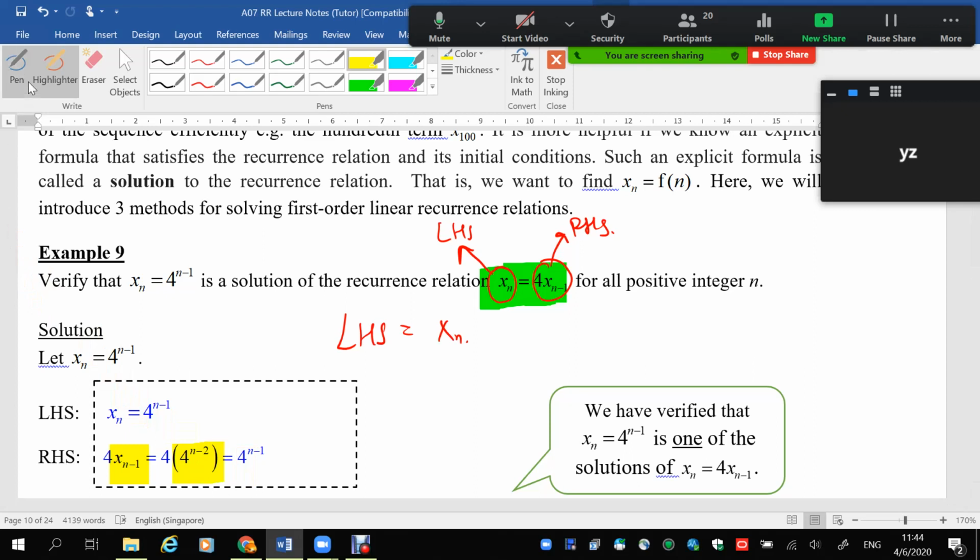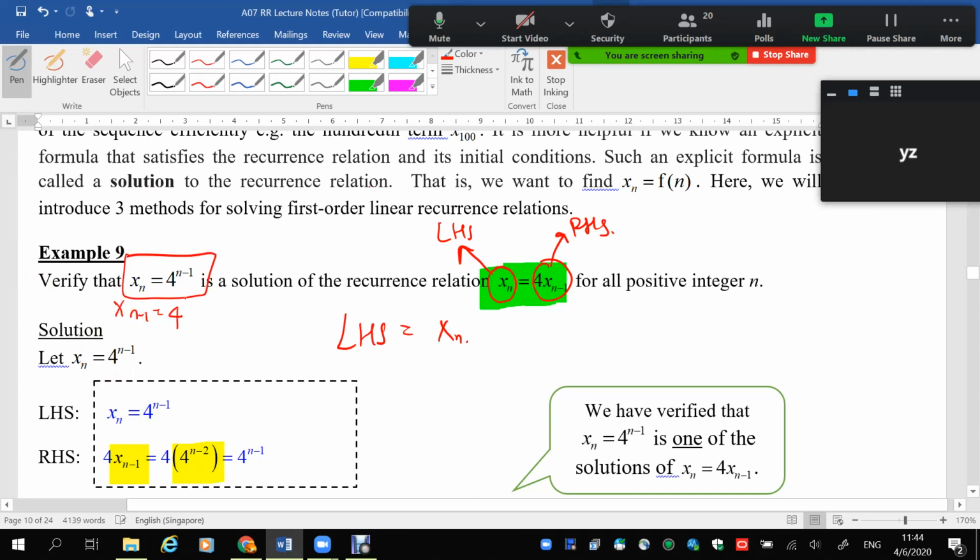Can you understand how I do this? If this is xn, then xn minus 1 is basically 4 to the power n minus 1 minus 1. That's how I get my 4 to the power n minus 2. Simplifying it, I'll get 4 to the power n minus 1.